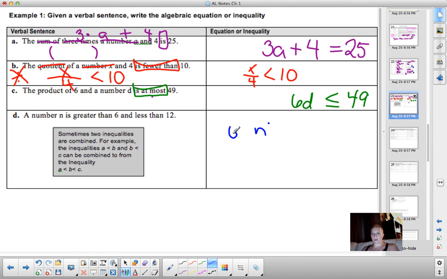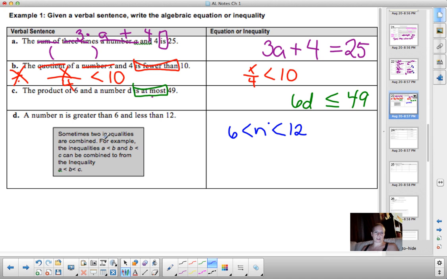So the small number is 6. How does my inequality symbol need to go in so that n, this number, is greater? n is bigger than 6. And that same n is also less than 12. Notice the box here.